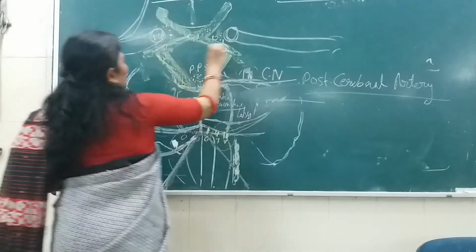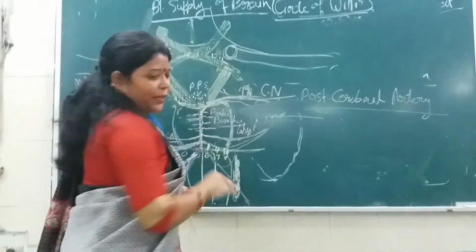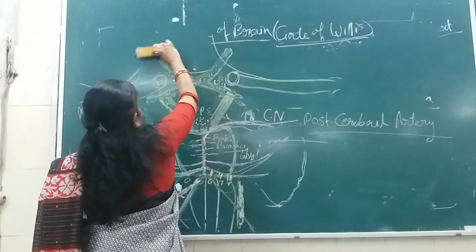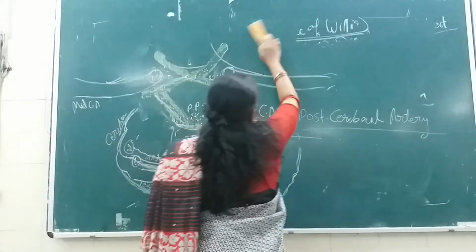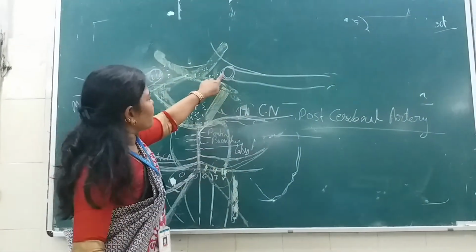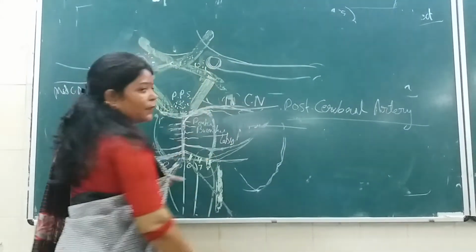It is running upwards. This artery is the anterior cerebral artery. What is the relation of this anterior cerebral artery with the optic nerve? Anyone?